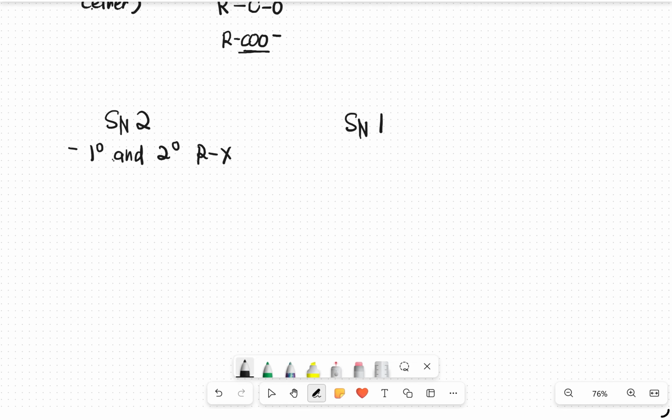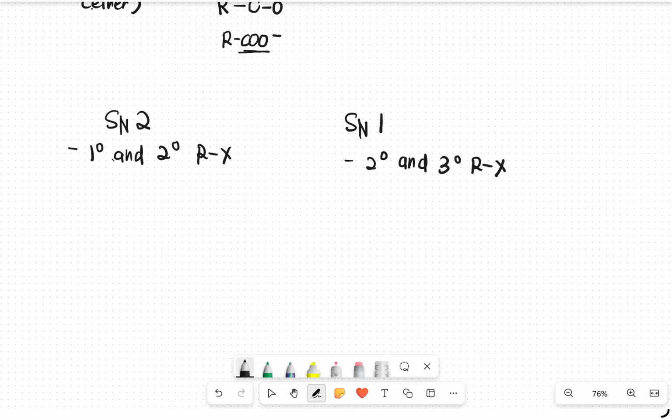Before anything, you have to classify first: is this primary or is this secondary? The same goes for SN1. For SN1, the reaction only applies for secondary and tertiary RX. So you should know this.